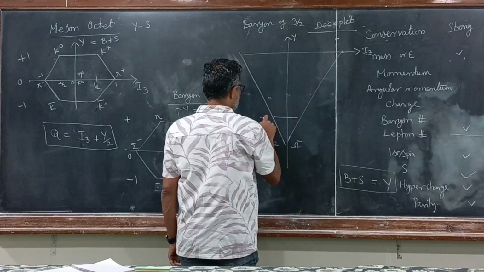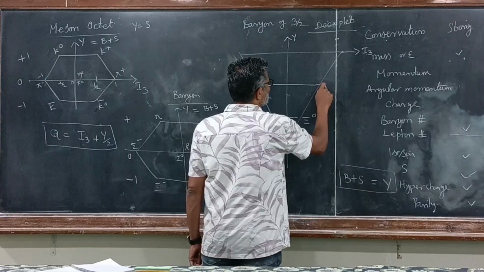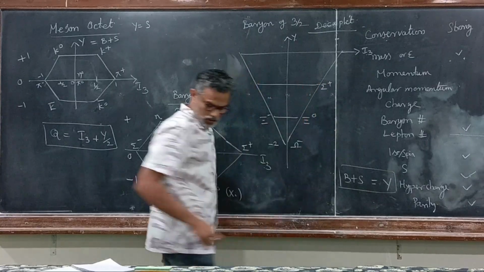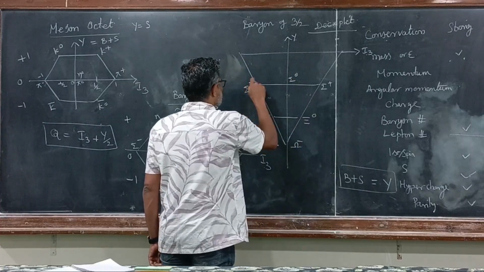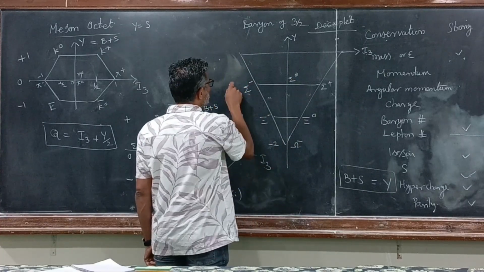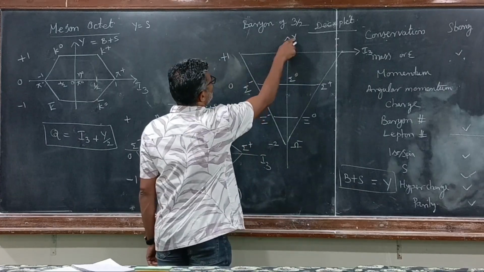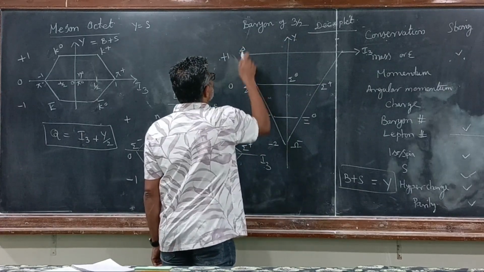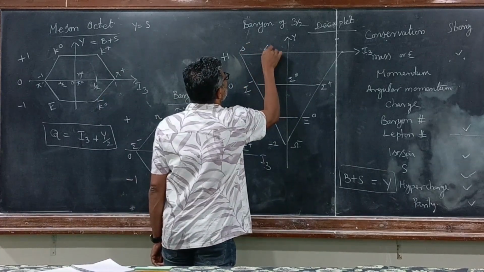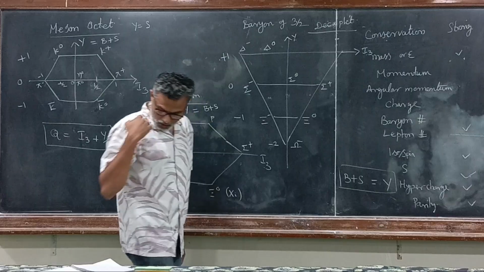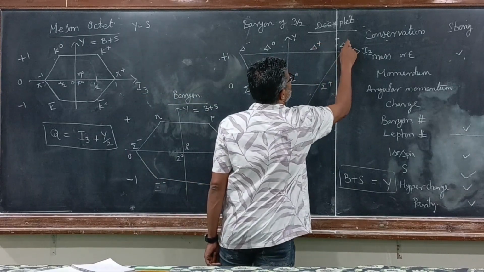So you have chi minus, chi 0, and you also have sigma plus, sigma 0, sigma minus. This one is minus 1, 0, and this is plus 1. This is the y value. And then you have delta minus, delta 0, delta plus, and delta plus plus.